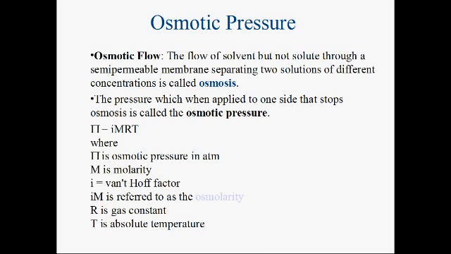This equation is giving us the osmotic pressure of a solution compared with a pure solvent. So if we have two different solutions of different concentrations, the difference between the osmotic pressures of each solution will be the pressure that will stop the flow.